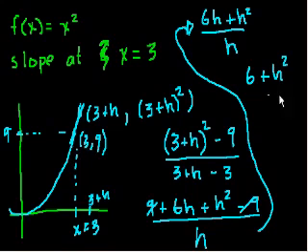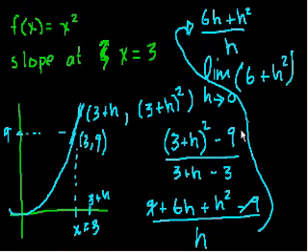So if we want to find the instantaneous slope at the point x equals 3, f of x equals 9, or the point 3, 9, we just have to find the limit as h approaches 0. Well, this is an easy limit problem, right? What's the limit of 6 plus h as h approaches 0? Well, it equals 6.